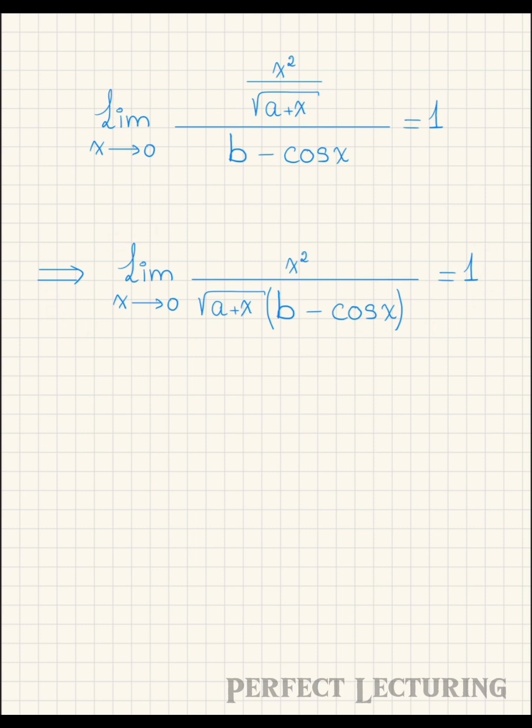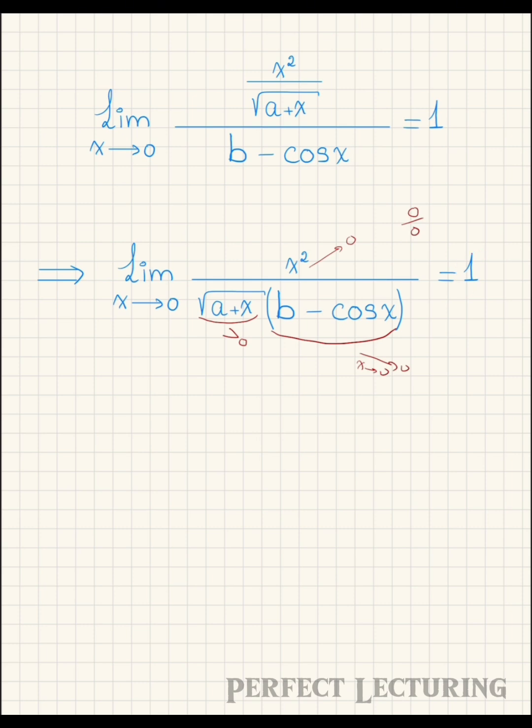Now x approaches 0, which means the numerator approaches 0. Now for the denominator, we know that the square root of a plus x is positive. And we also know that the answer is 1. This means that we need to end up with 0 over 0. This factor must approach 0 as x approaches 0 in order to end up with 1.